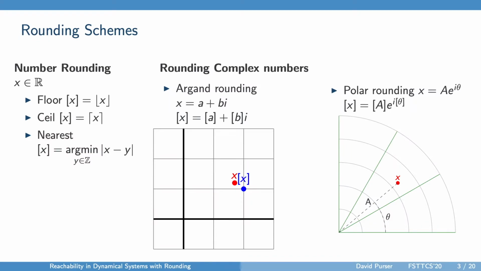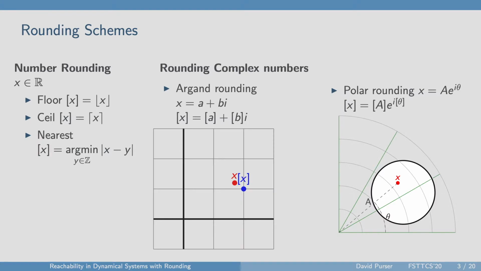Another way to represent complex numbers is to use polar coordinates. Here x is represented by its modulus and its angle from the axis in the complex plane. We can then round r, the modulus, and theta, the angle, separately. And so here in the complex plane, x is rounded to its nearest modulus and its nearest angle, and hence this is a different rounding function.